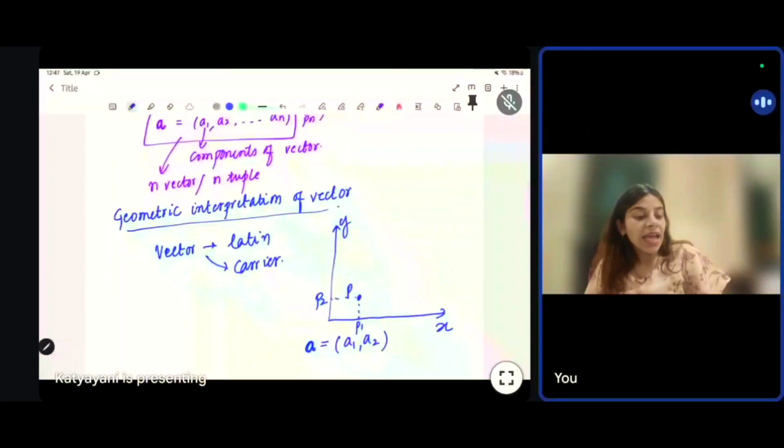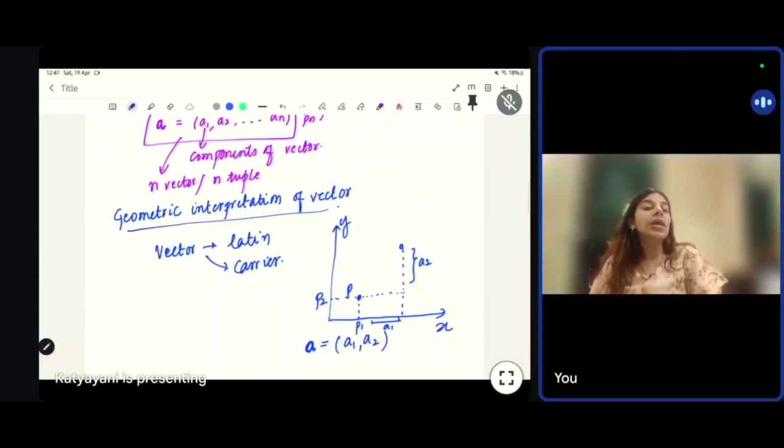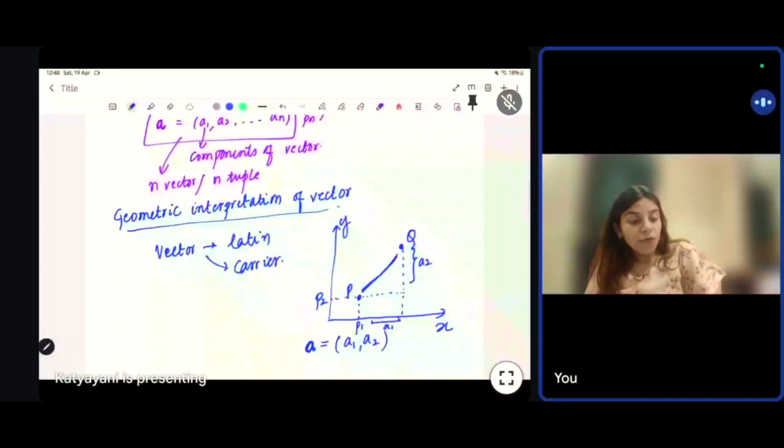Then it means that I will be moving A1 distance. Suppose this is A1, so I am moving this much distance, A1 distance on the x-axis, and then I am moving A2 distance, suppose this much is the A2 distance, on the y-axis, right? And then suppose I reach point Q, right? So the vector A1, A2 takes me from point P to point Q.